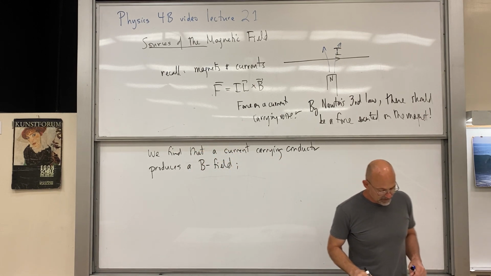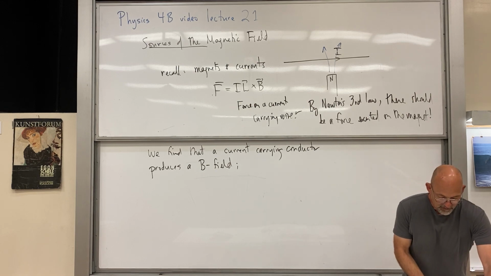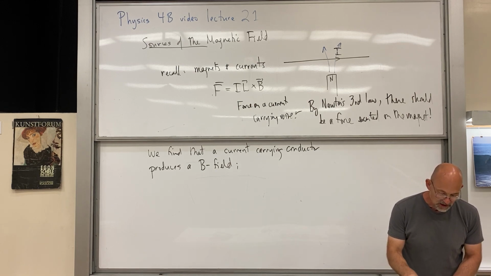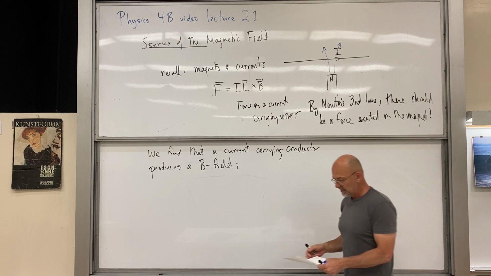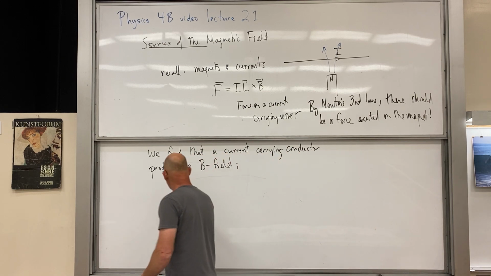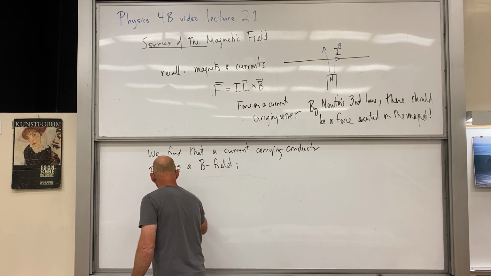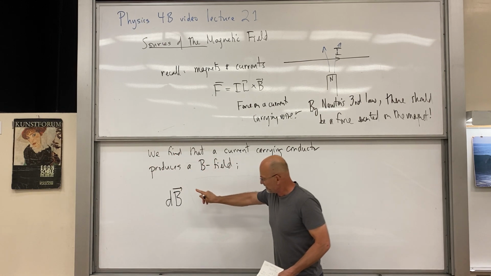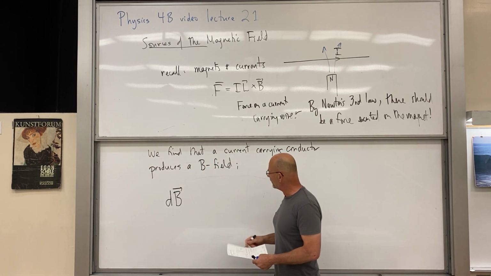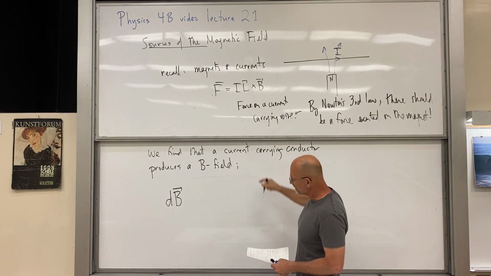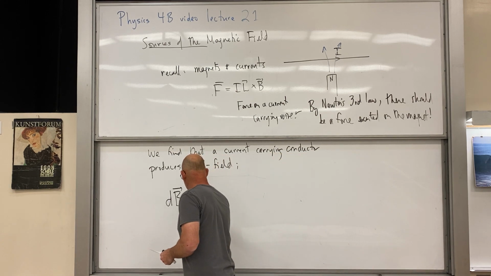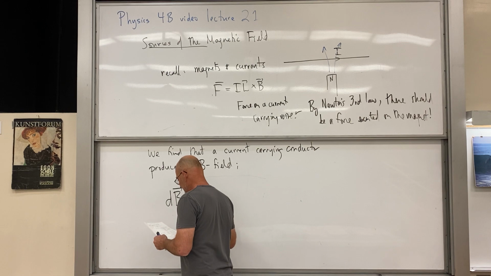And it goes by the name of the Biot-Savart law. And we're going to spend a little time talking about this because it's kind of complicated. So the magnetic field, we're going to look at an infinitesimal element, and it's due to an element of current. So I'm going to skip the magnetic constant. I'm going to write it this way.